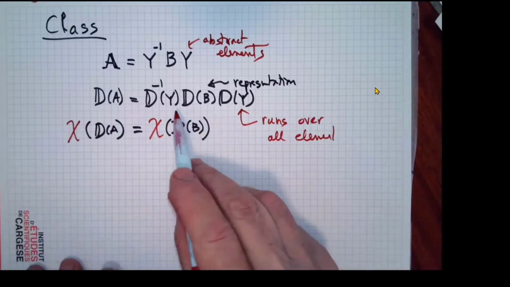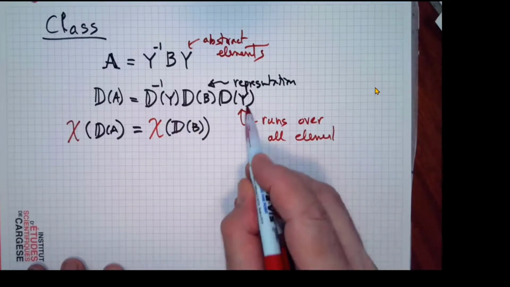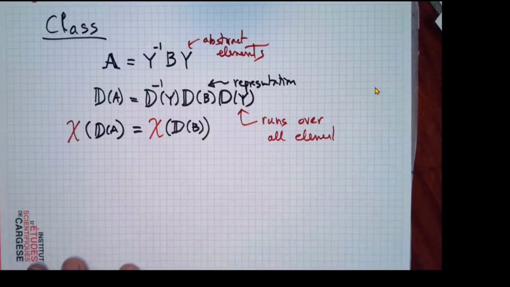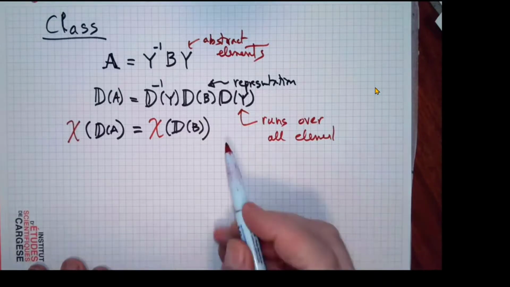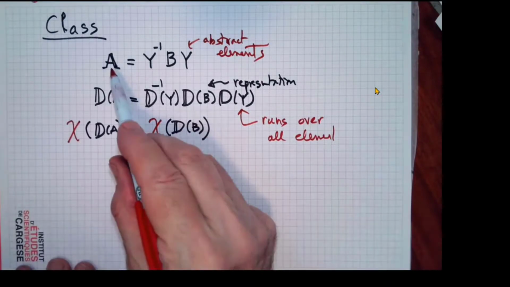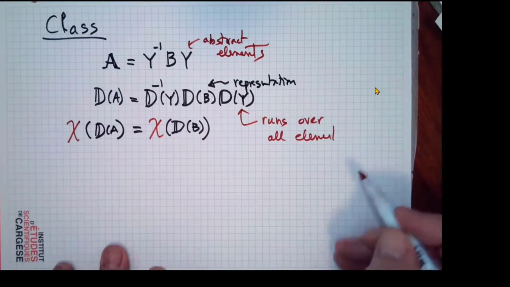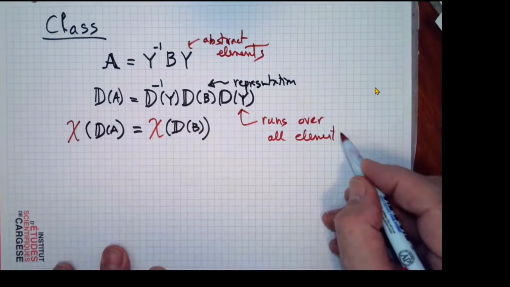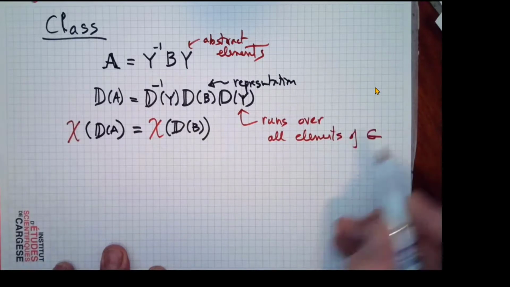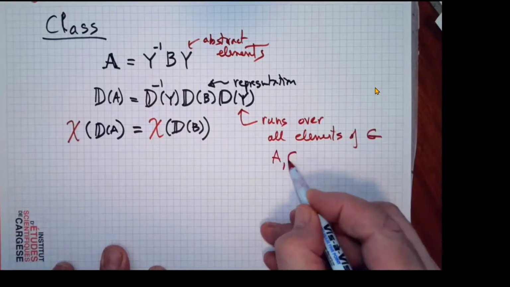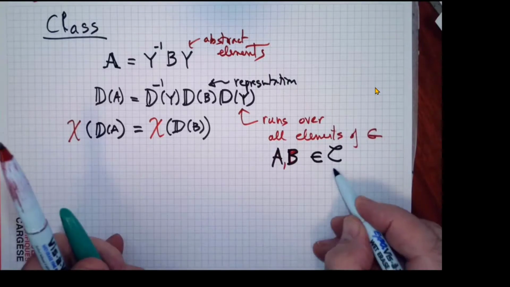Now, if Y runs over the entire group, or all possible symmetries, and I always find that A and B can be related, then A and B belong to the same class.